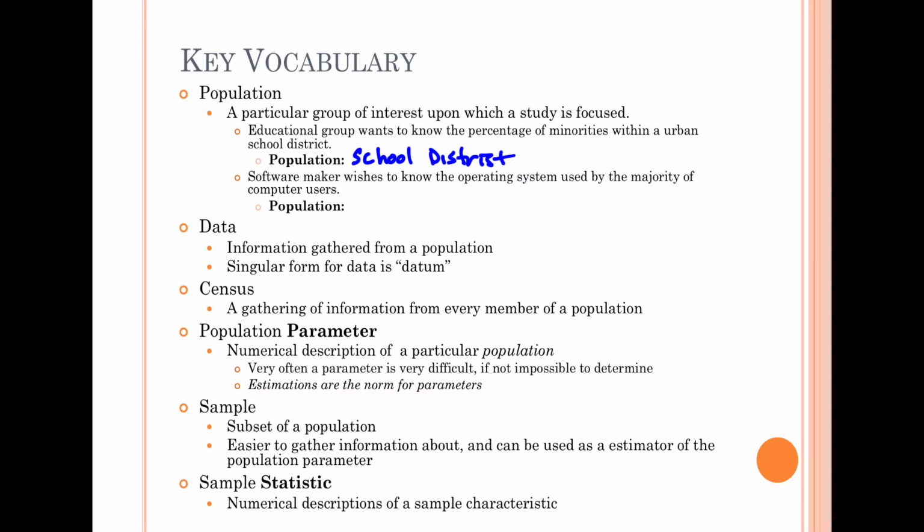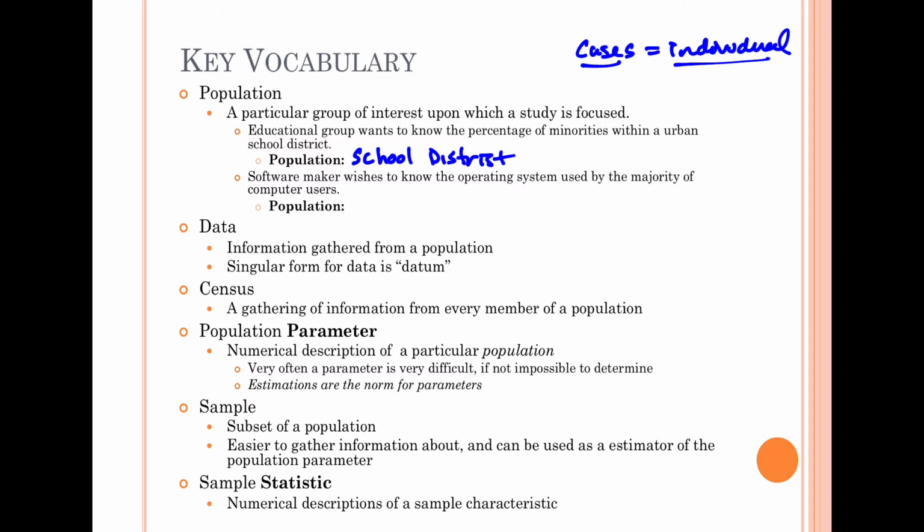I've never heard that term used, but at any rate, you'll see that word, and I like to use the word individual. Those can be people or those can be things. It's the who we're collecting the data from, one by one.